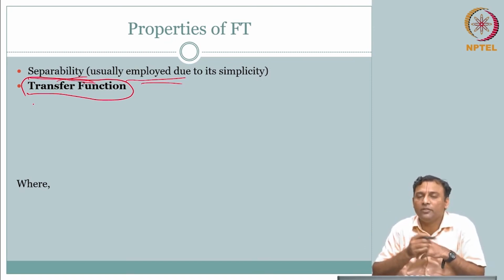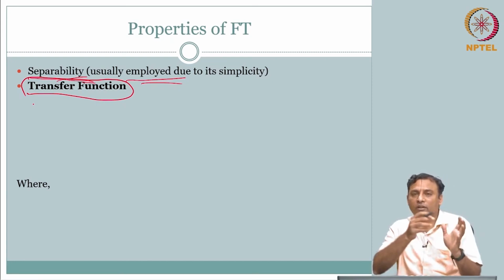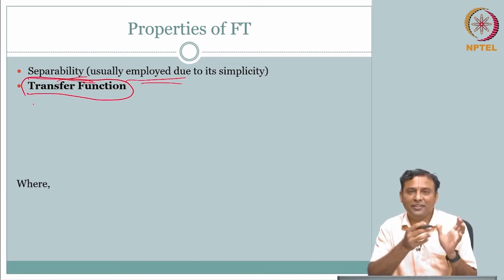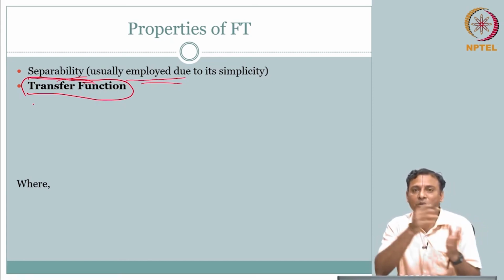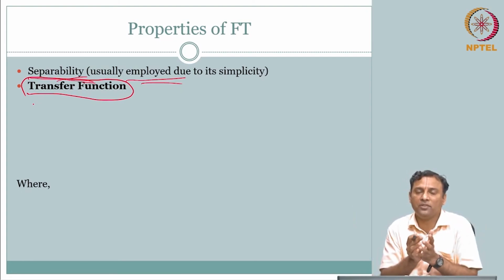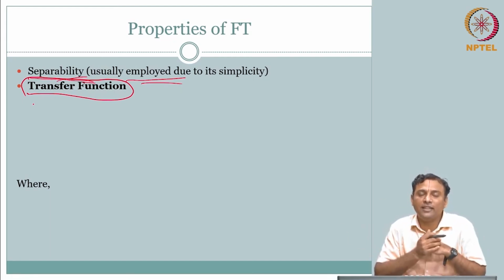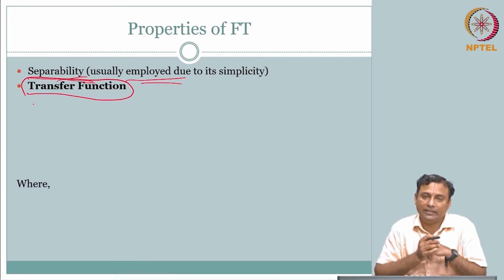Isn't it what we talked about for systems also? The system H operates on the input to get the output. Here it is just a Fourier transform. So what is it transferring? It is transferring the frequency content.